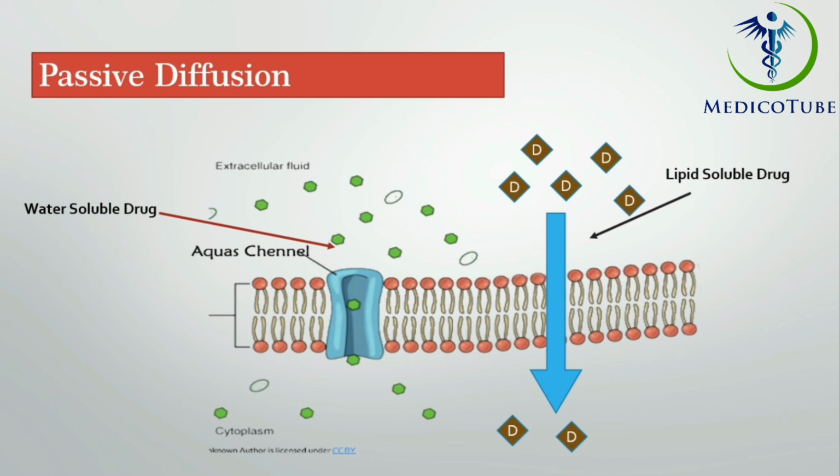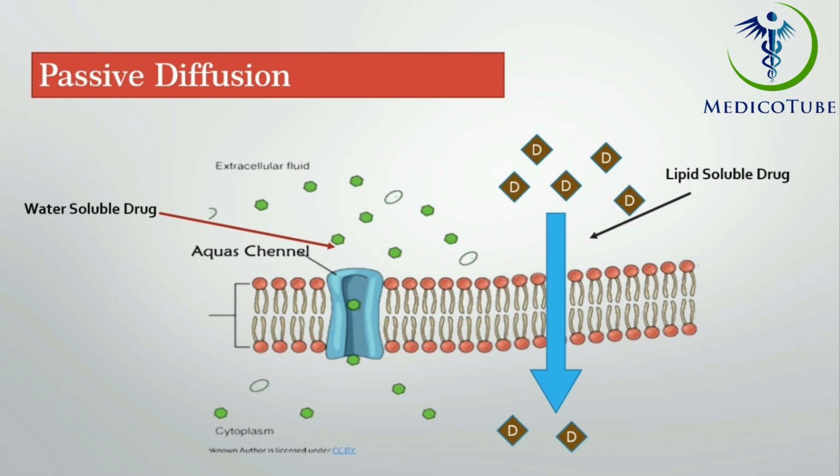Then it cannot move from higher to lower concentration because both sides are equal. But there is elimination of the drug. The drug exits the body from the tissue compartment, so the bloodstream again has more concentration, and again it moves from the higher to the lower.